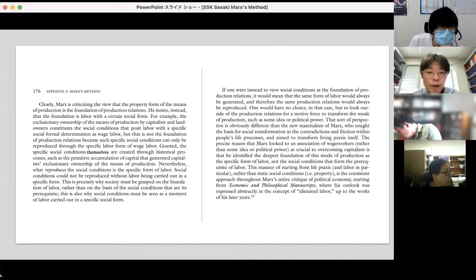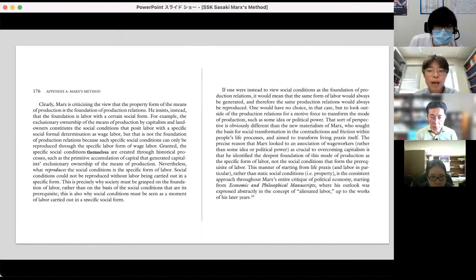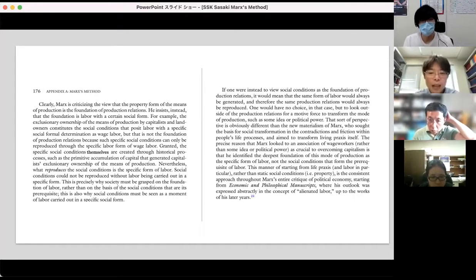For example, the exclusionary ownership of the means of production by capitalists and landowners constitutes the social condition that posits labor with specific social formal determination as wage labor. But that is not the foundation of production relations, because such specific social condition can only be reproduced through the specific labor form of wage labor.